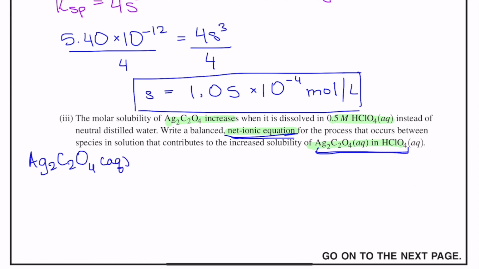One important thing to note is in the previous parts we were dealing with a solid, now it's aqueous because they're saying that the solubility is increasing. So you want to make sure that the state that you have it in here is aqueous. Now this is going to be like a double replacement reaction.